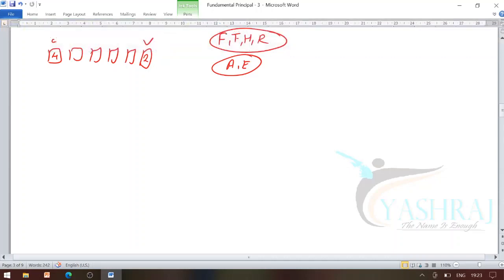Under the assumption that we fill F in the first box and E in the last box, which letters will remain here? T, H, R and A. That means a total of 4 letters remain. To fill up the 4 middle boxes, we have respectively 4, 3, 2 and 1 choices.